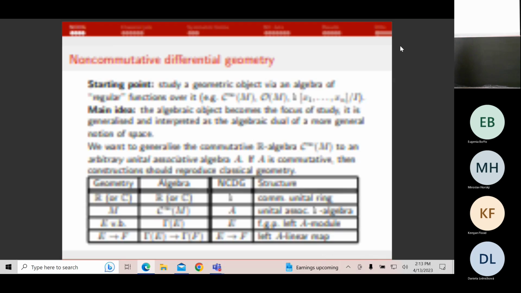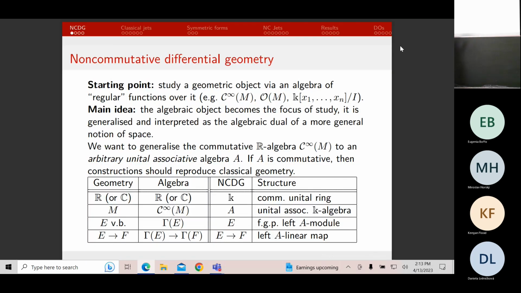So let's see a table of translation between the various topics. We start from the geometric side. We can have real or complex manifolds, and this is translated in algebra by the field we use, which is R or C. In our non-commutative differential setting, this field will be substituted by a generic commutative unitary ring.